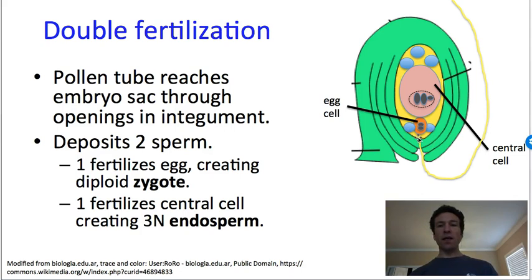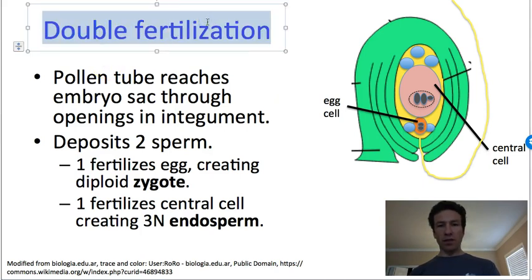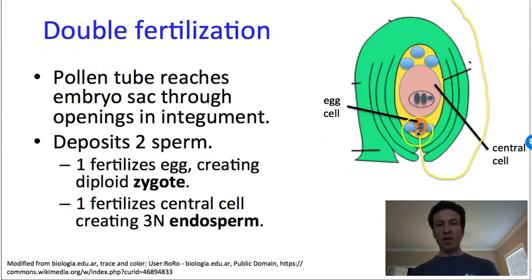Once it does this, it's going to deposit 2 sperm. Those sperm are then going to get some help to move to their appropriate locations. And what we're going to see is something called double fertilization. What does that mean?